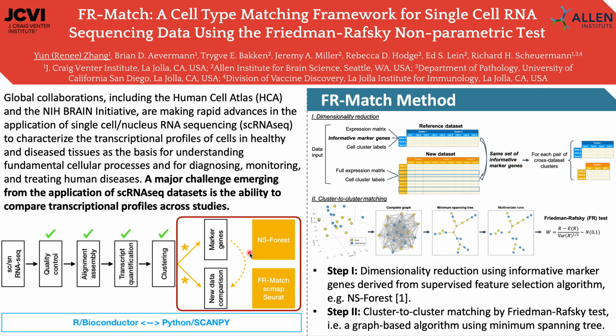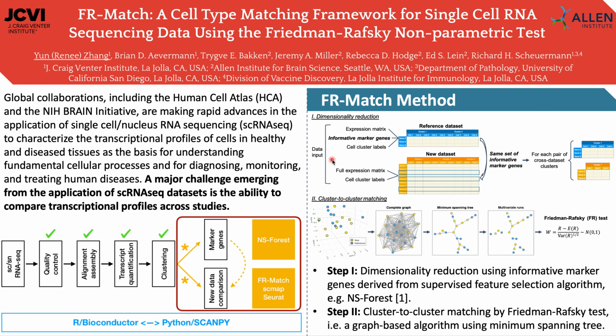We use NS-Forest as the marker gene selection algorithm, and then feed that into the new data comparison, where we compare our method FRMatch with two other popular methods, scmap and Seurat.